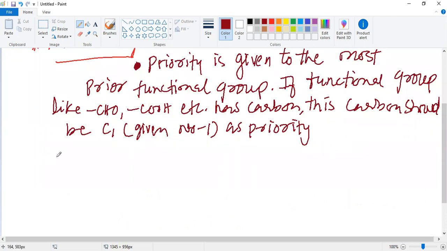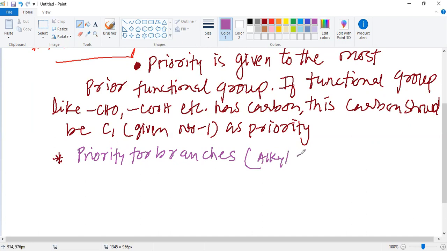Then the priority for branches, that is what we need to understand. Priority for branches, that may be an alkyl group or a functional group with lower priority.